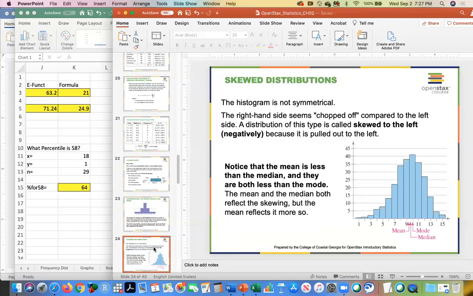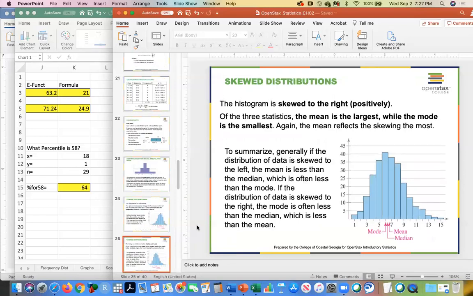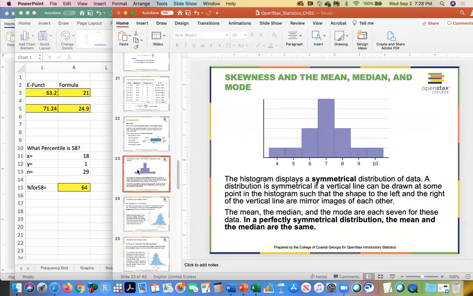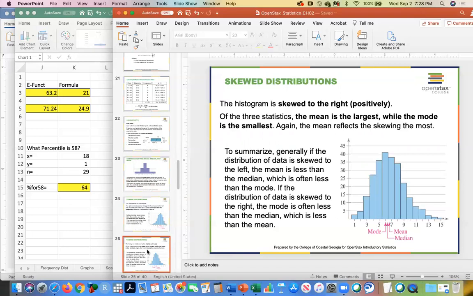We also have this histogram that is positively skewed, or skewed to the right, or skewed right. The mean is the largest, while the mode is the smallest. That is very important because in most cases, and we are going to see that, we are going to be using this kind of symmetrical distribution to make strong assumptions about our data.